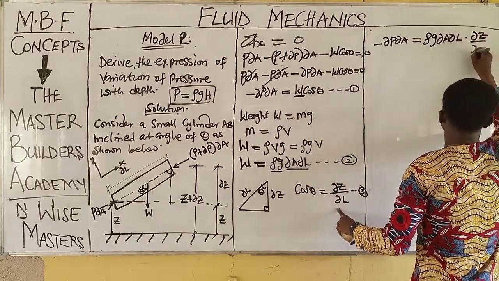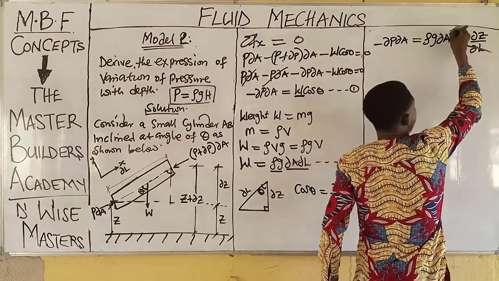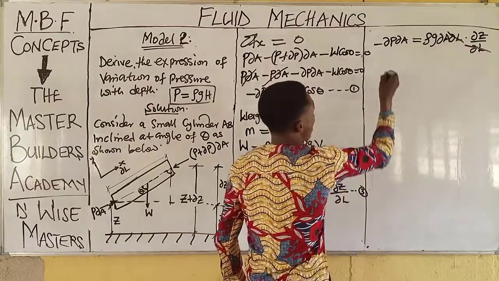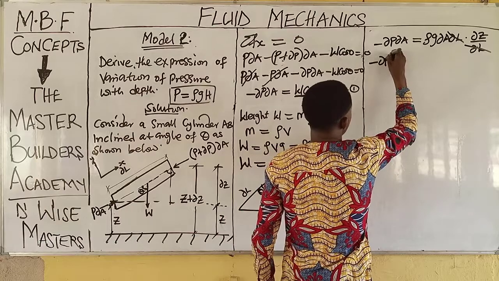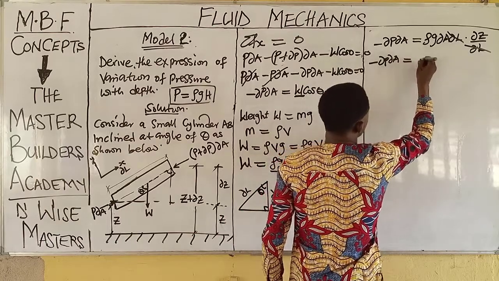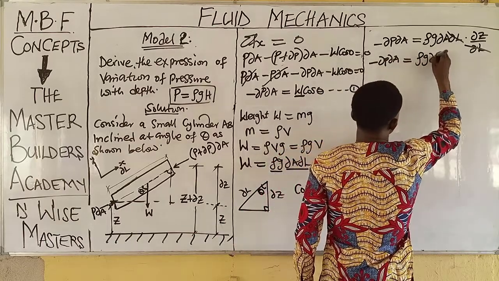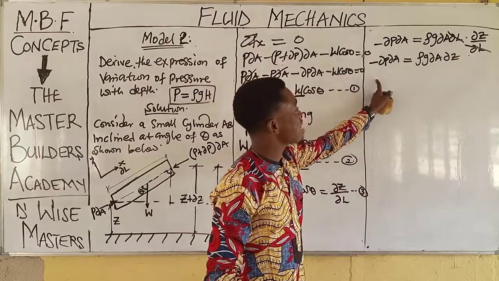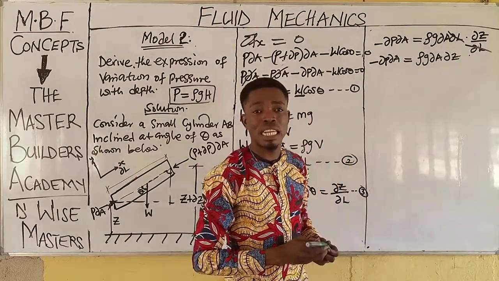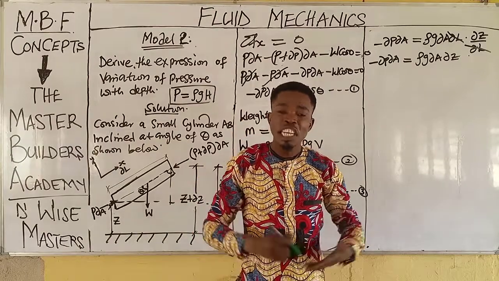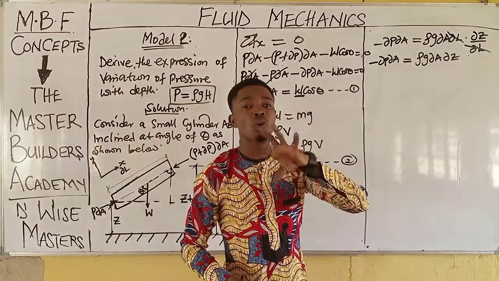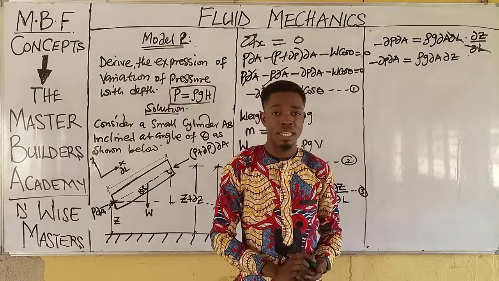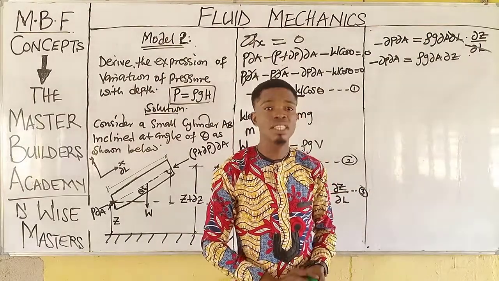This dL cancels out. Now we have change in P, change in A is equal to rho g, change in A, change in Z. When we look at the left-hand side and the right-hand side, we discover that the elemental area is common. So all we simply need to do is to divide both sides by change in A, which is the elemental area.